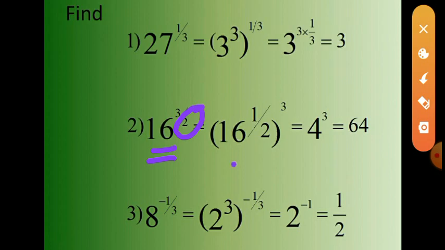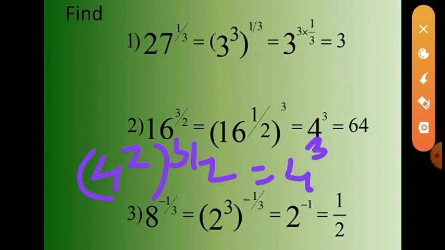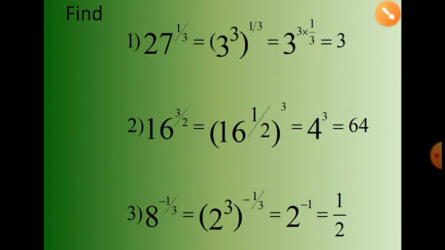So instead of this, I can write 4 square raised to 3 by 2. That is the same as 4 square into 3 by 2. So this and this 2 will get cancelled and it will be 4 cube, and hence you will get the answer as 64. Always check what the denominator is. That is the main thing.